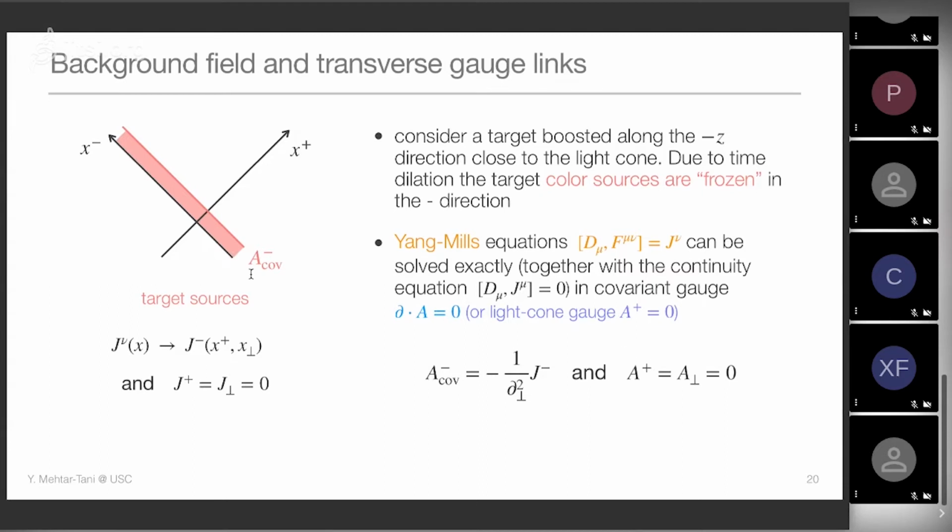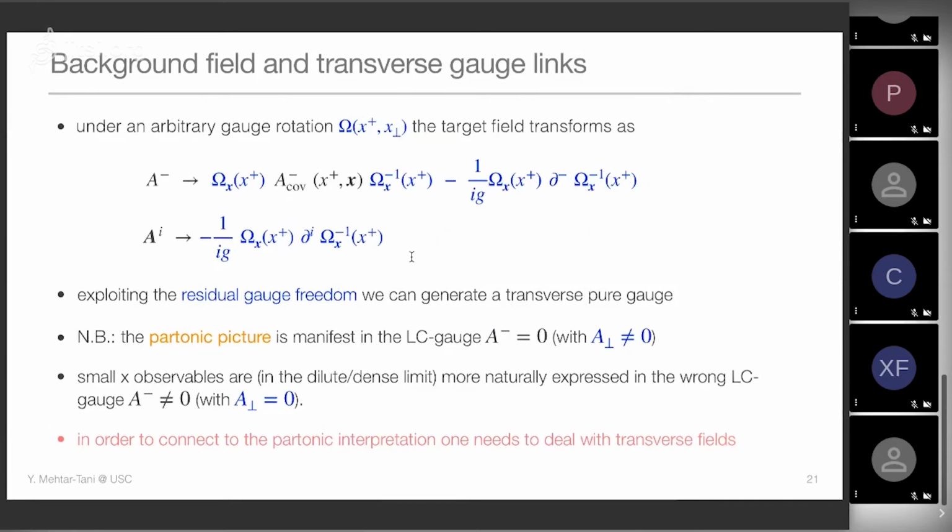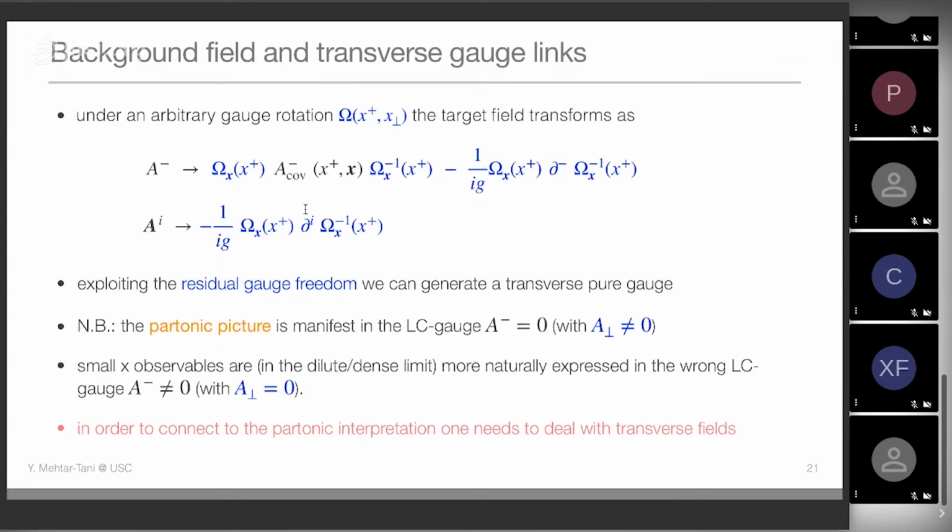So you have a boosted target that moves along x minus, described by the A minus component. Then you can derive a more general solution by simply a gauge rotation. You apply a gauge rotation on your field, and you generate the transverse gauge field. This is how you get a more general solution, which involves an A minus component and a transverse field component.